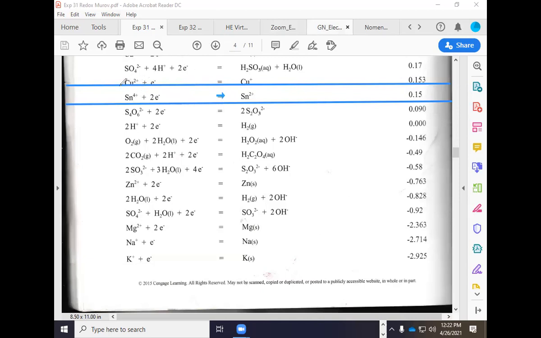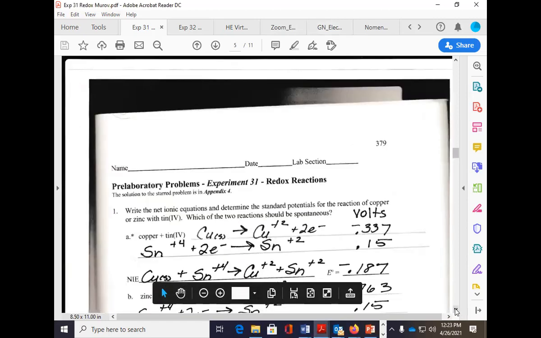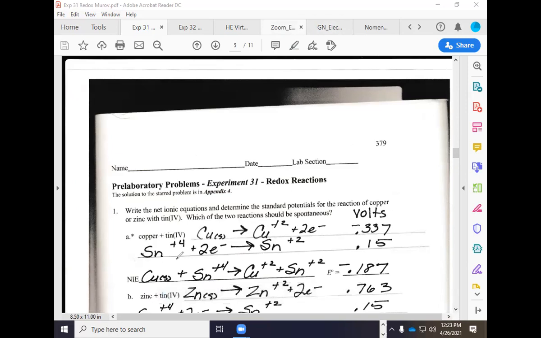It asks us for tin 4, and here's your tin 4. So we're going to use this and just use this as is. Okay, so we had the tin 4 plus 2 electrons goes to tin plus 2 and a 0.15.